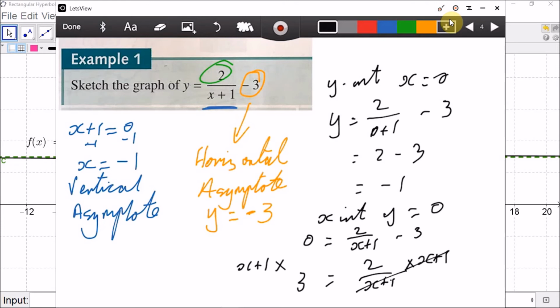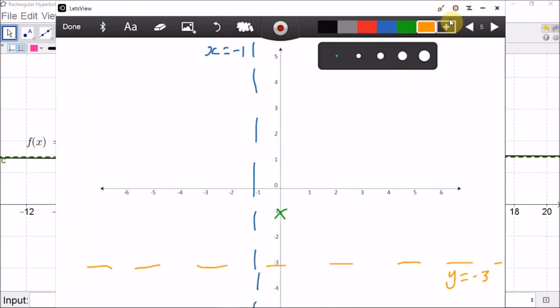And then when we multiply that out, we get 3x plus 3 equals 2. Take 3, 2 minus 3 is minus 1. Divide by 3, negative 1/3. All right, so x-intercept, negative 1/3, just about there.